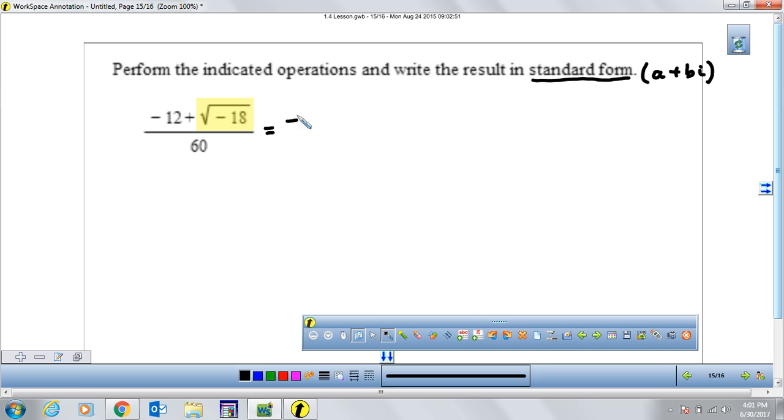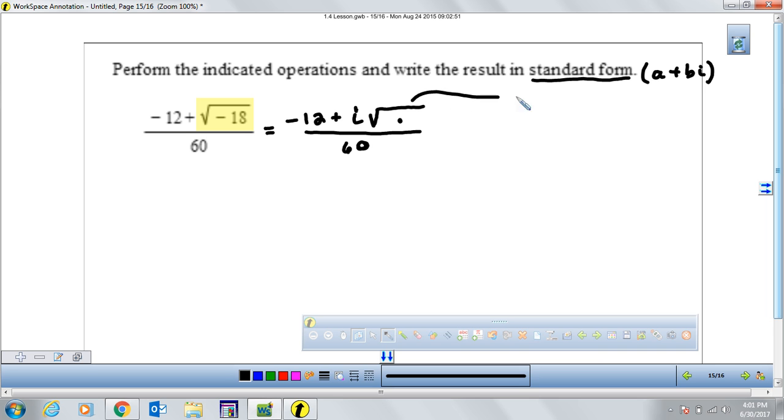So it's going to be a negative 12 plus, and then we know that the negative inside is going to be an i. So what we need to do with the 18, we need to factor it, just like we did before. To factor it, we're going to use the largest possible perfect square factor that can be divided into 18.